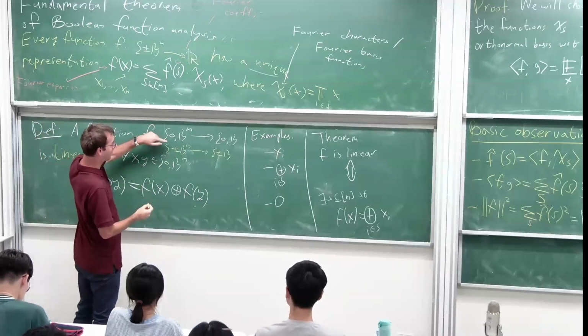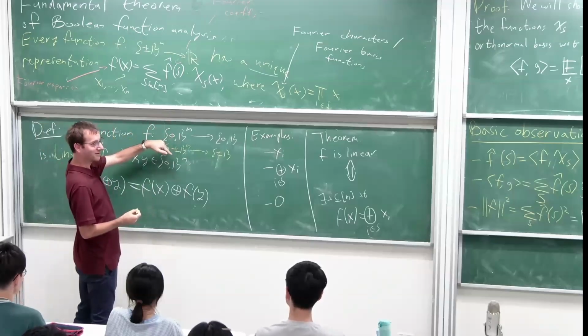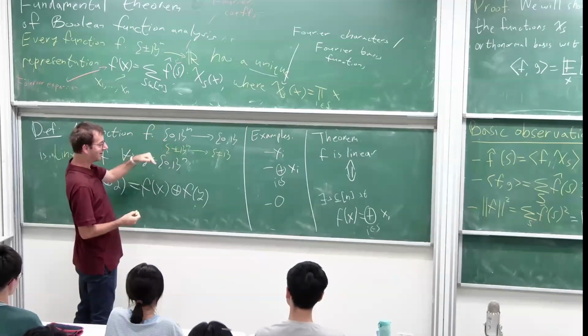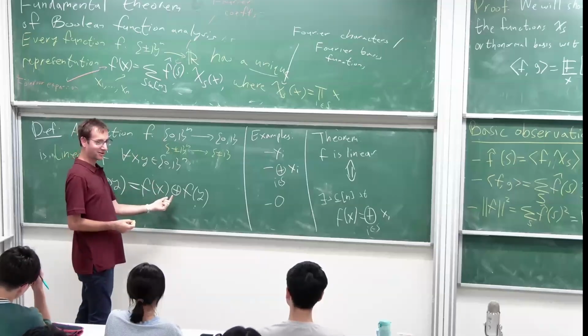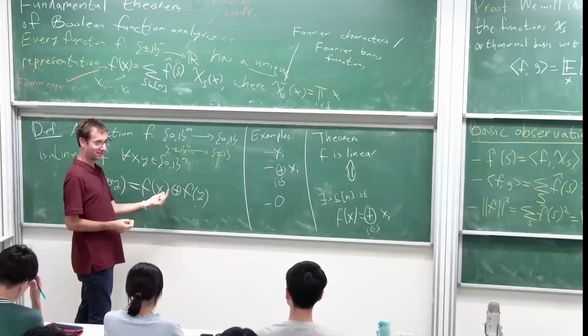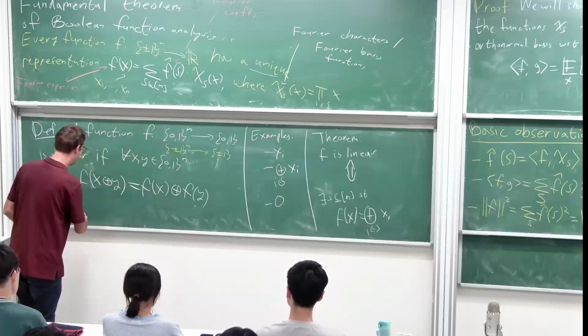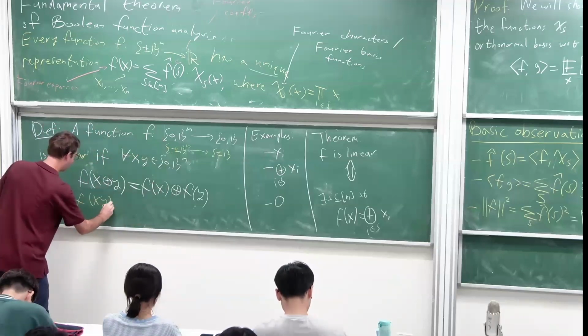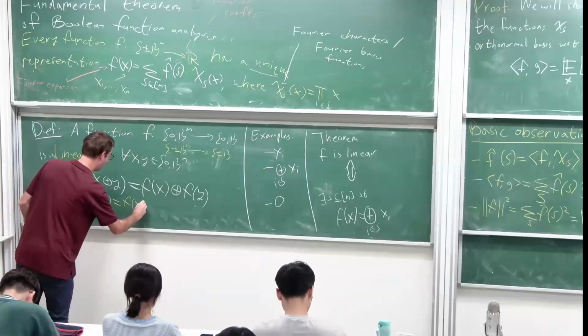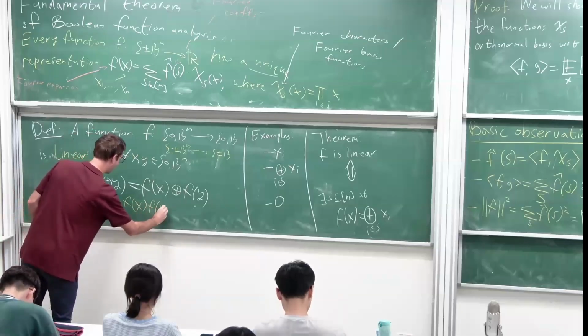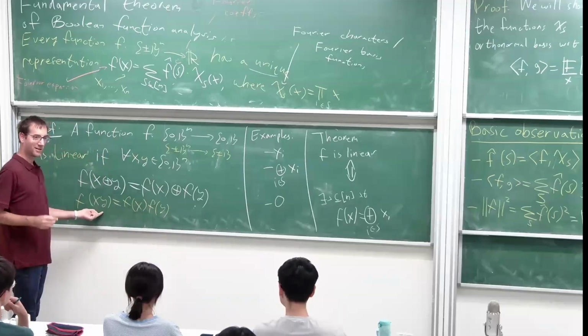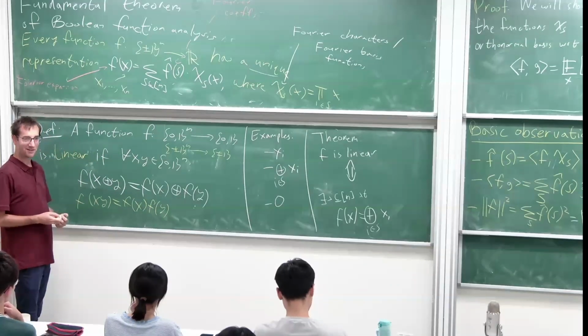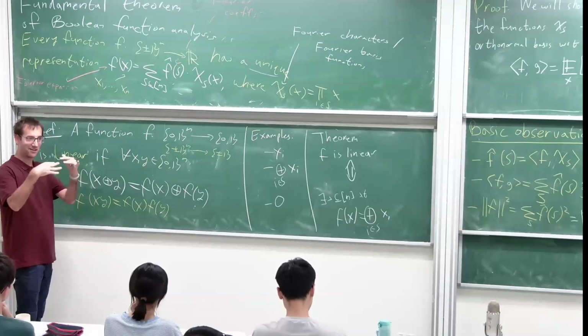So 0 goes to 1 and 1 goes to -1. And then XOR corresponds to product. So this property is f of xy equals f of x times f of y, where this funny product xy is the Kronecker product. You multiply the elements.